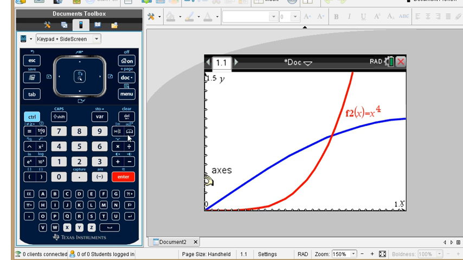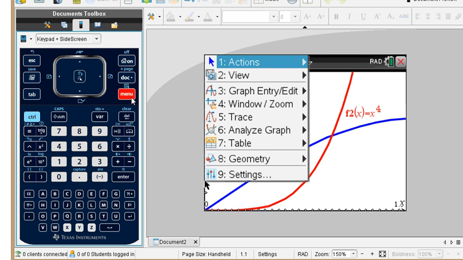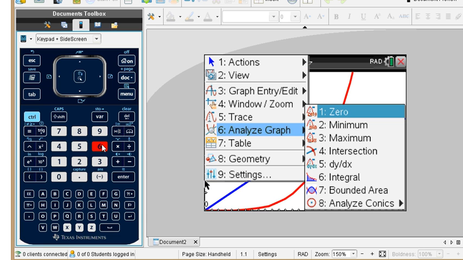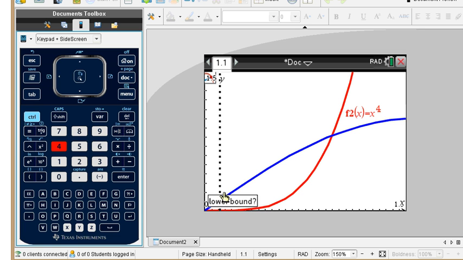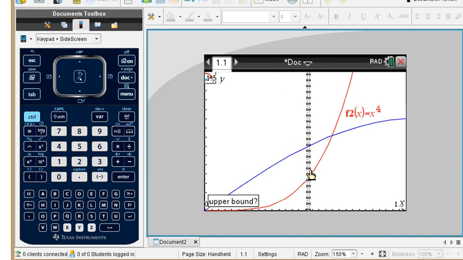To find this, we're going to go to Menu, Analyze Graph, and For Intersection. The first thing we see in the lower left corner of the view screen is lower bound, so we go to the left side and press Enter, and then it says upper bound.